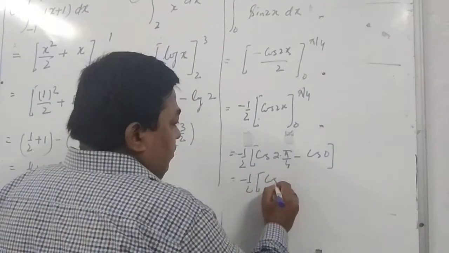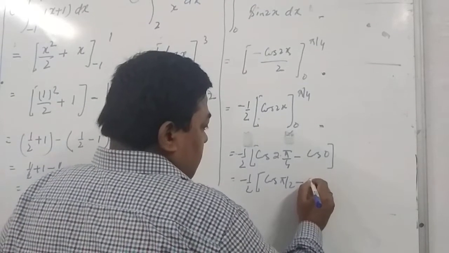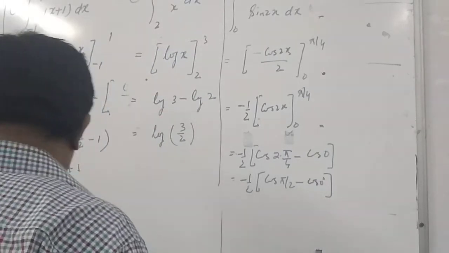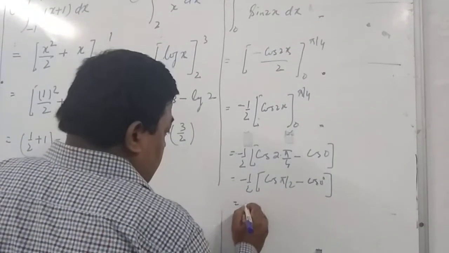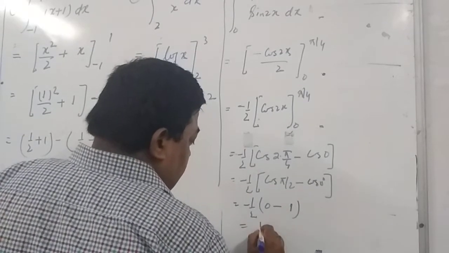This is cos pi by 2 minus cos 0. The value of cos 90 degrees is 0, and cos 0 is 1. Finally, the answer is 1 upon 2.